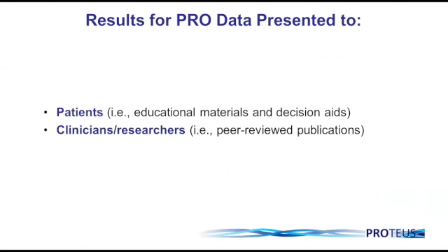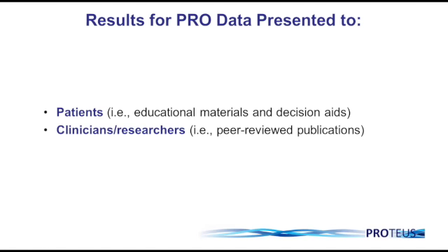Because the evidence suggests that patients and clinicians desire differing levels of detail in the graphic displays, separate recommendations are made for presentation to patients in, for example, educational materials or decision aids, and for presentation to clinicians in, for example, peer-reviewed publications. This presentation provides a basic overview of the recommendations for both patient and clinician audiences.